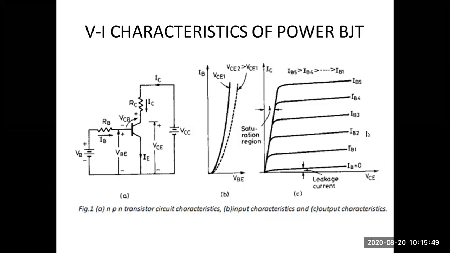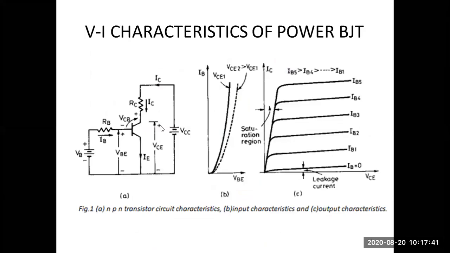Suppose IB2 is 2 amps, again if I keep on increasing the output voltage, the collector current is initially rising, but after that it is constant. So overall, this is the performance, or the steady state characteristics, of the power BJT. In the next class we'll see the switching characteristics. Thank you.